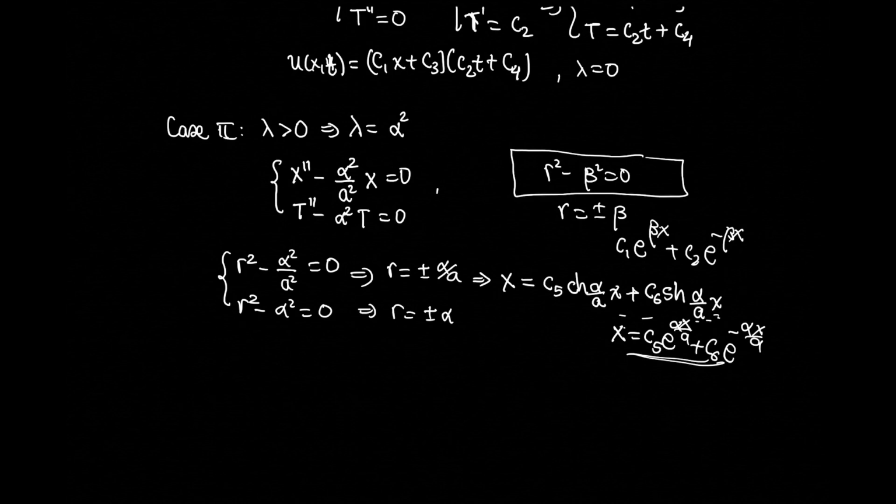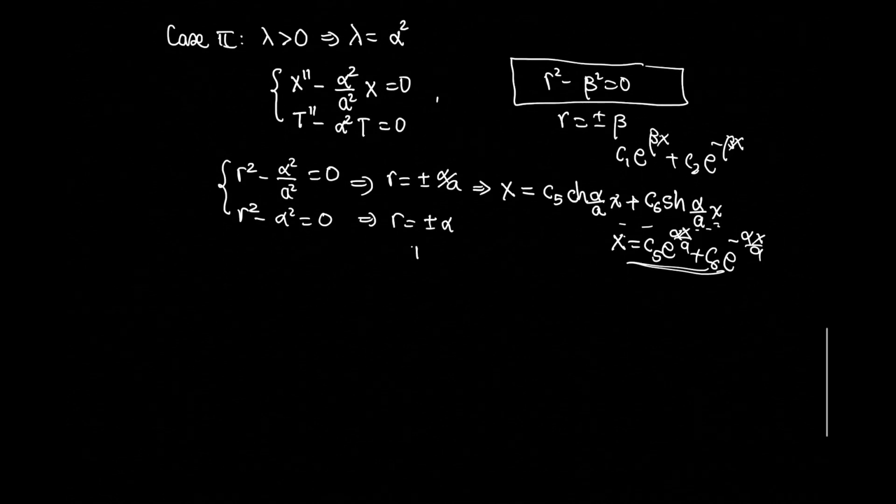And now if you solve for t, this one here is also the same. We can also evaluate this one by using t. If you solve for t, we also get the same solution. We have C7 cosh of alpha t plus C8 sinh of alpha t.